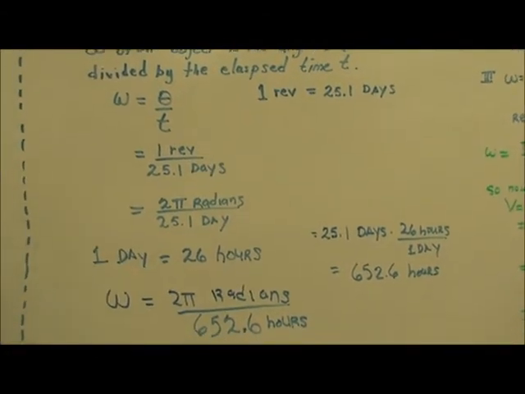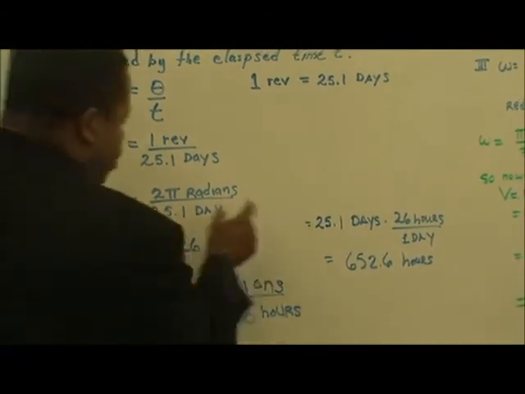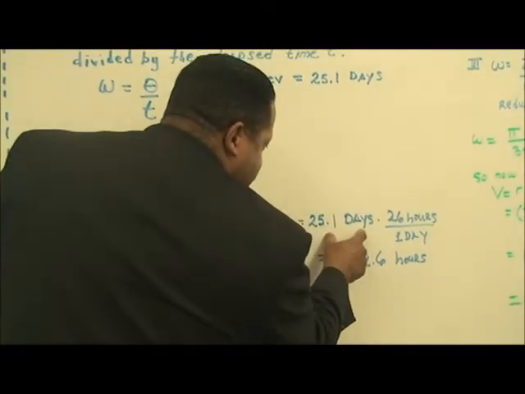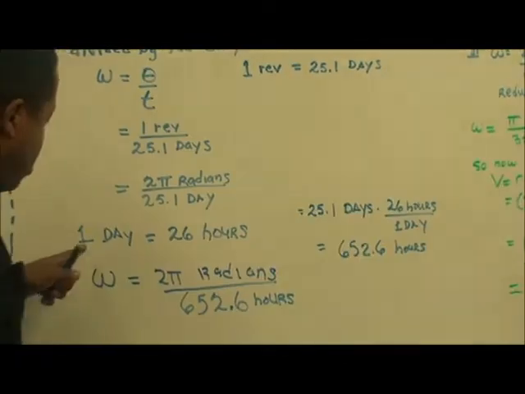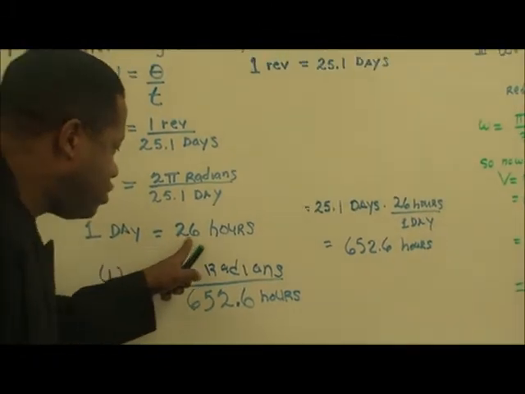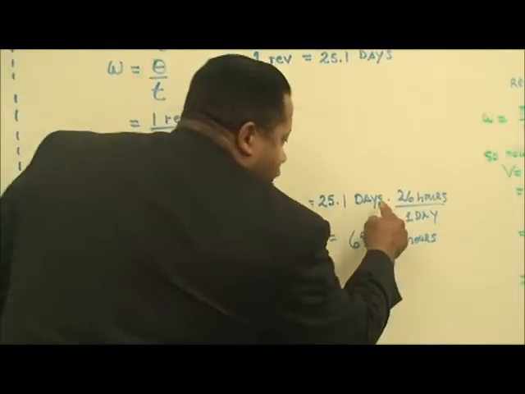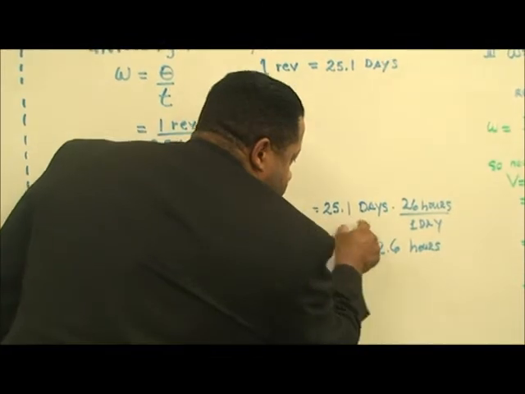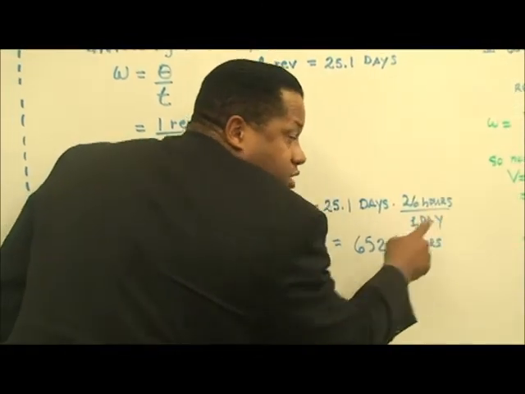Now, in order to convert this to hours, we want to take 25.1 days and multiply it by one day being equal to 26 hours. Well, this is the ratio here. Let's talk about that first.